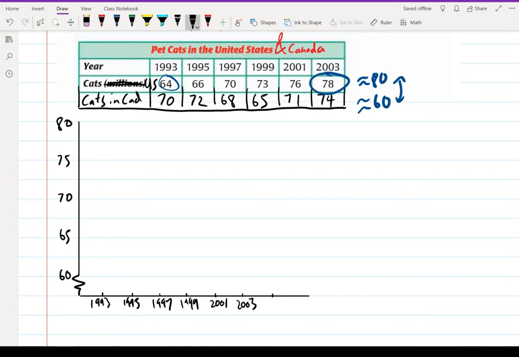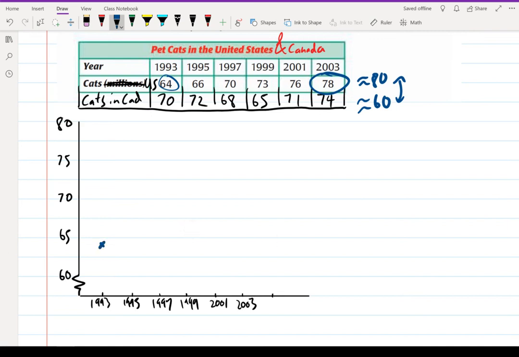Now, the important thing about line graphs is that for double line graphs, if we have two types of data, one is US, one is Canada, we're going to use different colors. So I'm going to use blue for my US data, which is the top row. In 1993, we are at 64 around here.